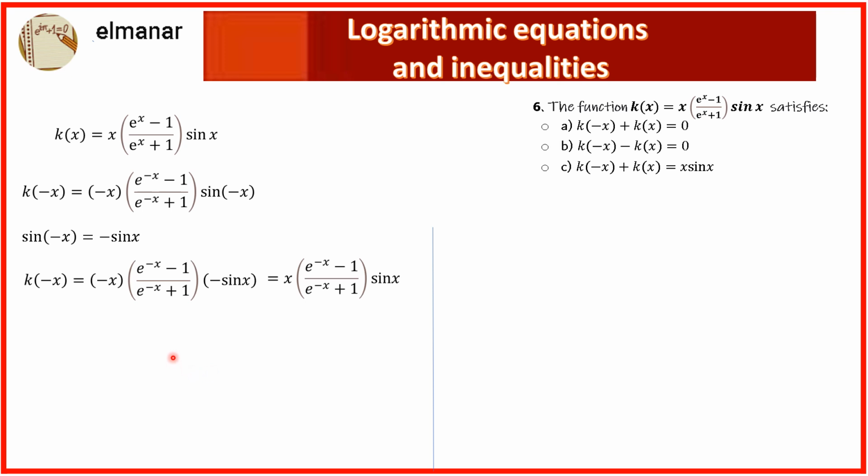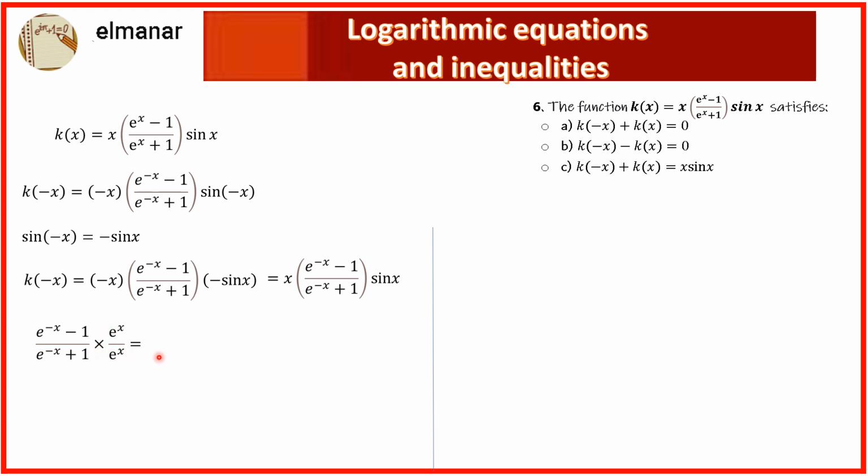Here, to transform the fraction containing e to the negative x, so we can compare it to the original term, meaning the fraction e to the x minus 1 over e to the x plus 1, we multiply both the numerator and denominator of the fraction by e to the power of x. Since we're multiplying the top and bottom by the same value, the value of the fraction remains the same.